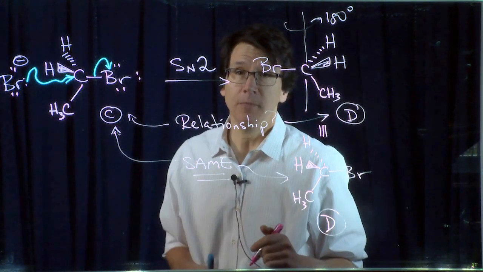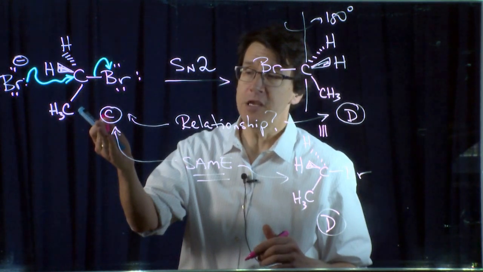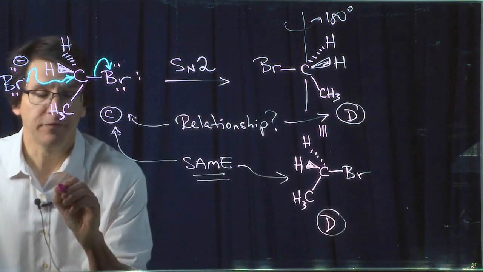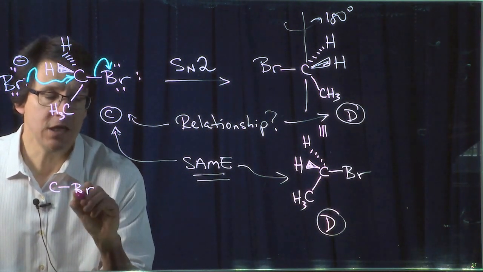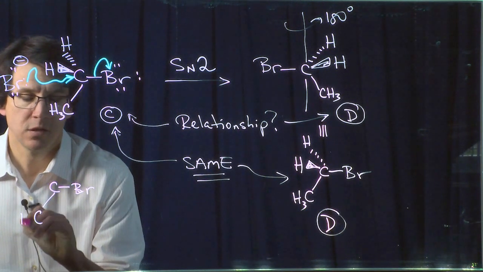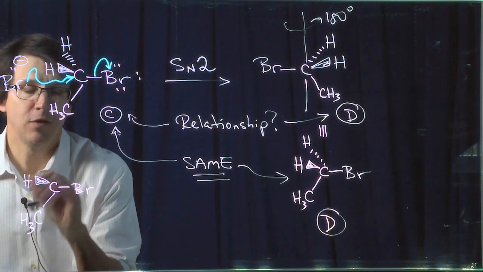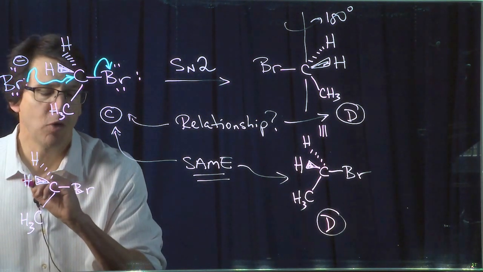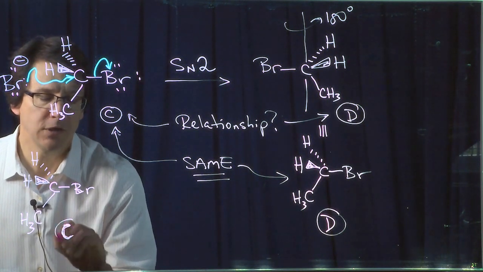Is C chiral? Well, let's draw the mirror image of C and see whether it's any different from C itself. So let's come over here and just redraw C. Here's C. And maybe you recognize that the mirror image is already lurking around on this light board somewhere, but let's just go ahead and work through it like we did the last time.